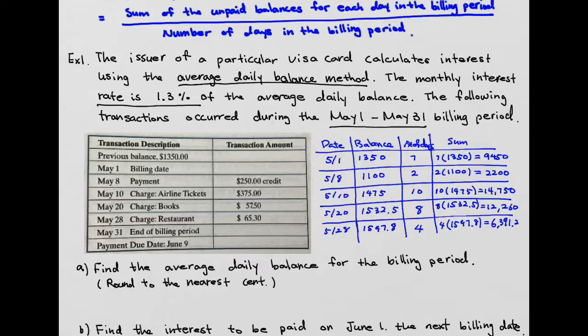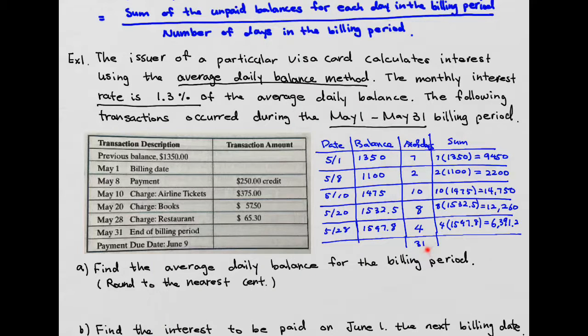And if you wanted to find out the total, your total has to be 31 days, right? Because remember, you started from 1 to 31st. So your billing period should be 31 days. When you're adding these numbers, you need to make sure you get 31 days.